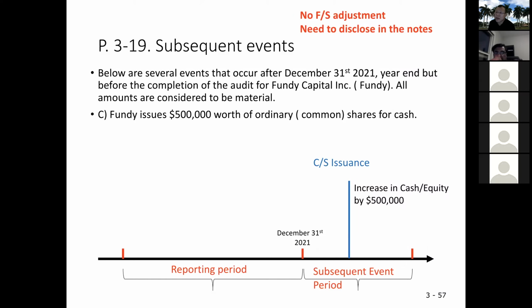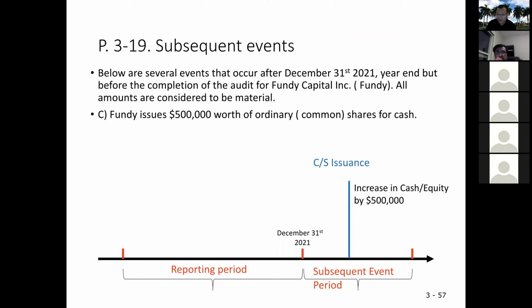Yes. So you can use all the information, even the information during the subsequent event period, for measurement purpose. But if the information became available after the cutoff period, then we only need to disclose it in the notes. Am I right, if it's not measurable?